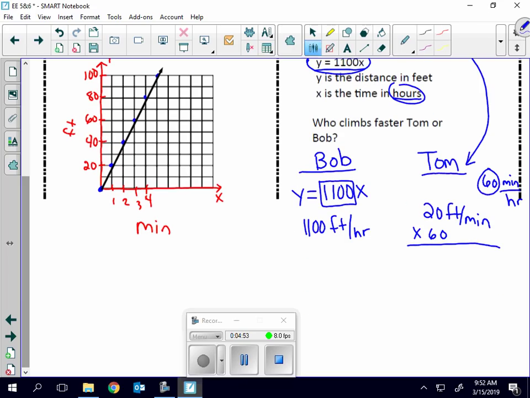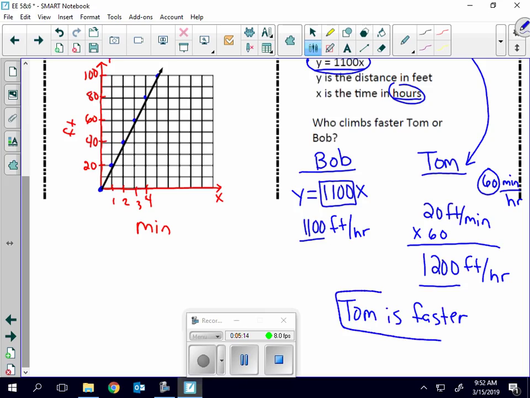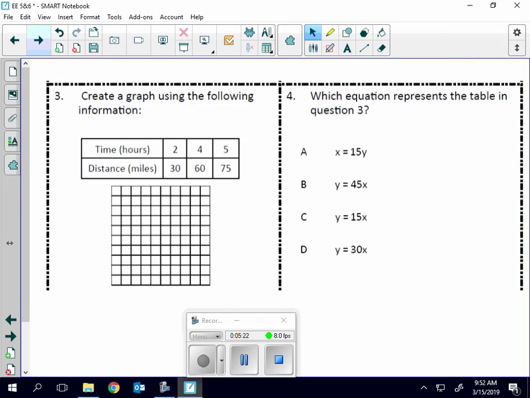And 20 times 60 is 1,200 feet per hour. So now we can compare our 1100 and our 1200. So who goes faster? That would be Tom. And I'll even do a little arrow there. Okay.